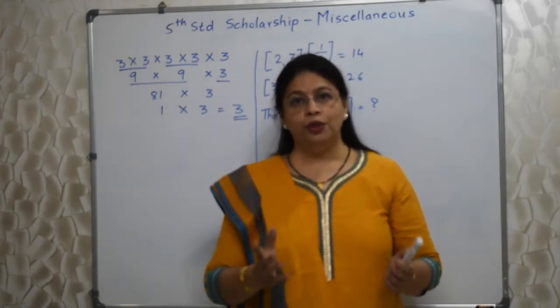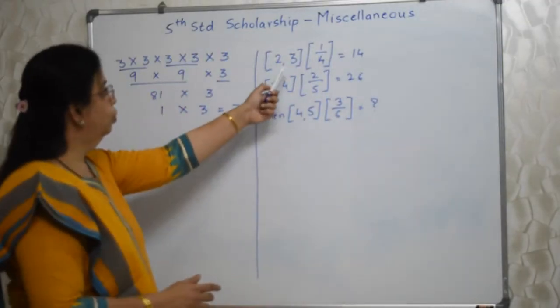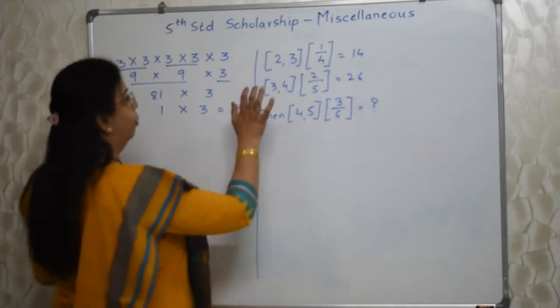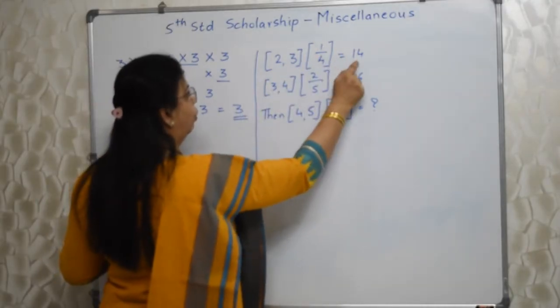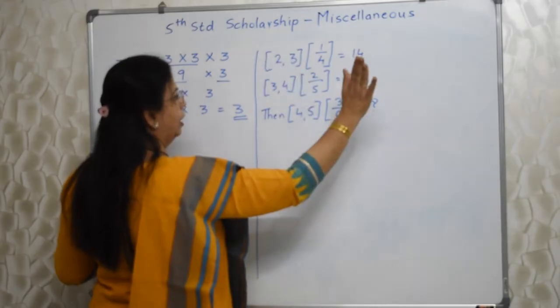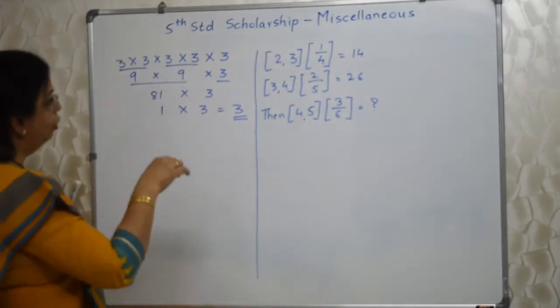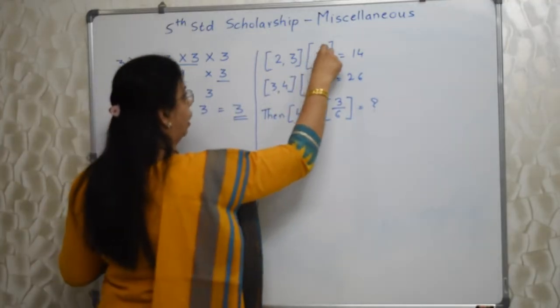You need to observe the numbers, whatever are given to you. See, observe. 2, 3, 1, 4. From this 2, 3 and 1, 4, how have they got this 14? We don't have any other numbers but 2, 3, 1, 4. Then how? In that also 2, 3 are together, 1, 4 are together.